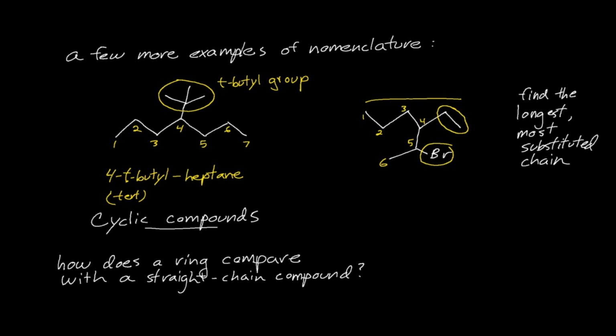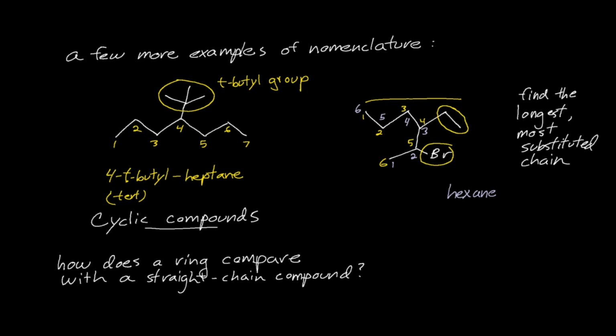So this is a hexane. It has substituents apparently at 4 and 5, but then you say to yourself, oh, I'm supposed to give those substituents lower numbers collectively. So better to name this numbering it in this way, 1, 2, 3, 4, 5, 6.